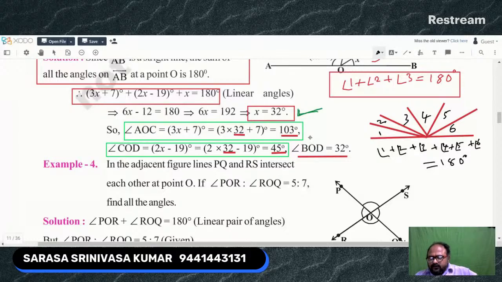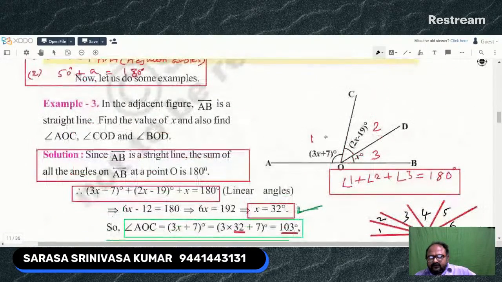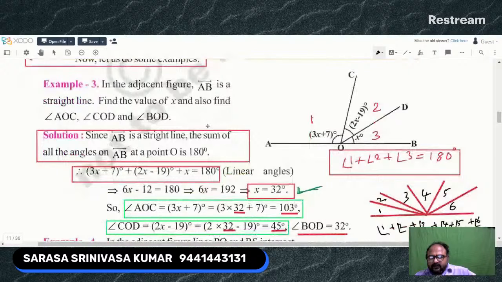So this is how you can answer the question in example 3. You just observe this. AB is a straight line, and on this straight line, you have considered two rays. OD is a ray. Here, AB is a straight line, and OC is a ray, and OD is also a ray.